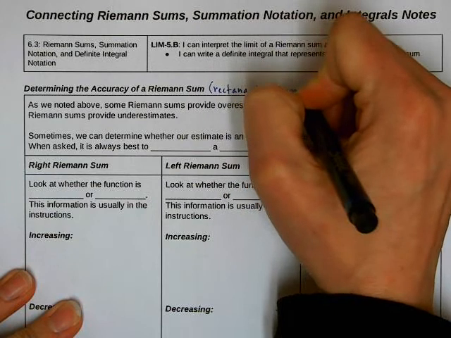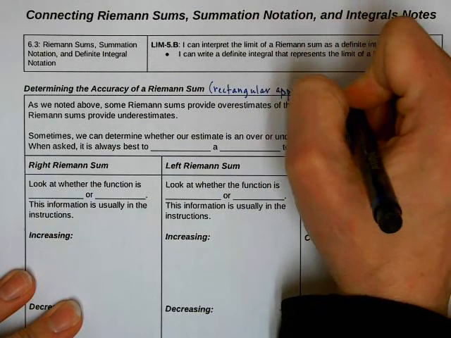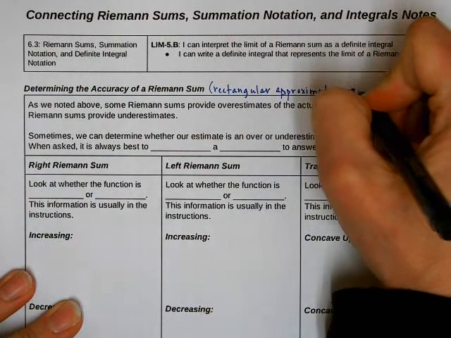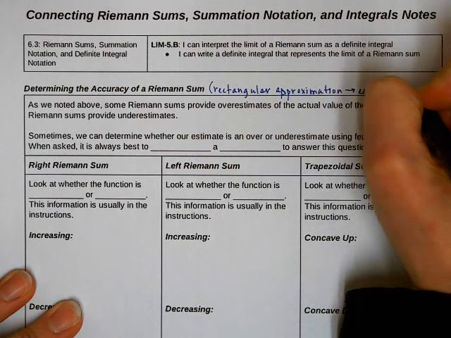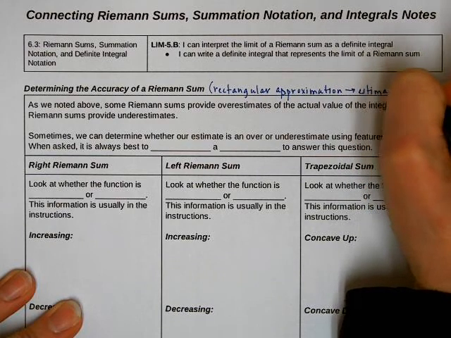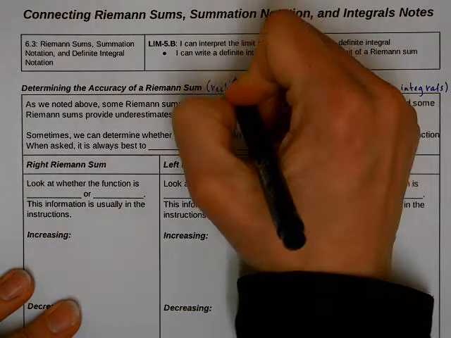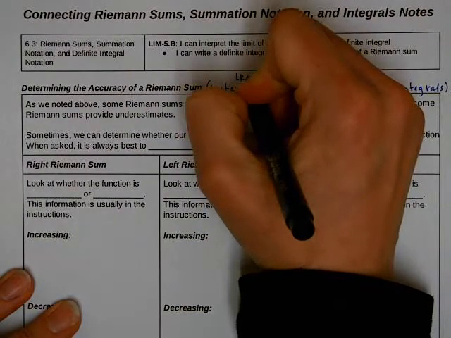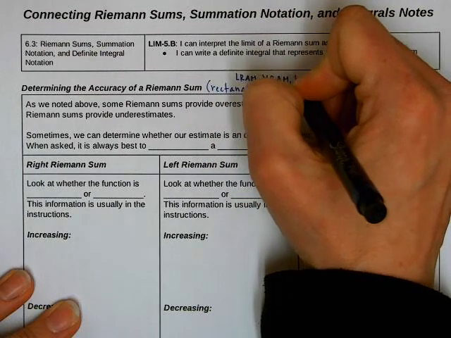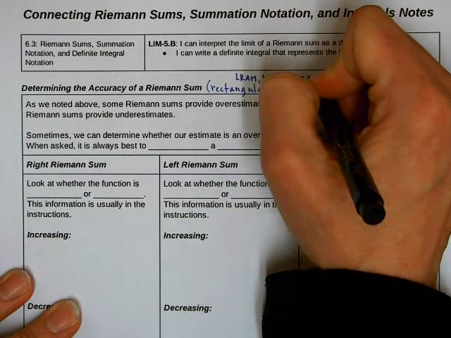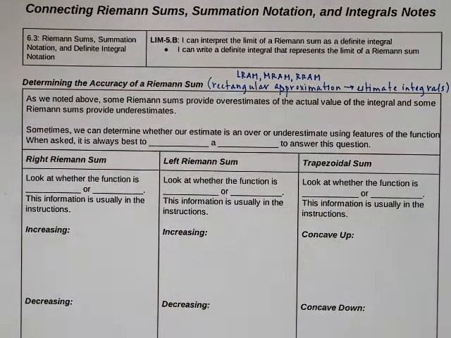And hopefully you remember, we've had three: LRAM, MRAM, and RRAM. So we've been using those rectangles and summing them up to estimate the value of an integral.